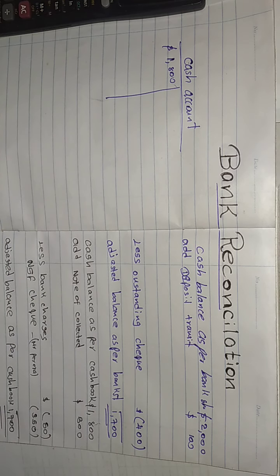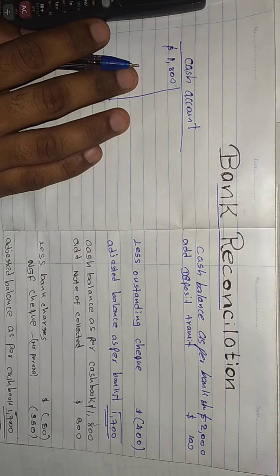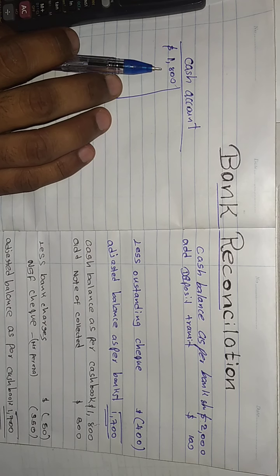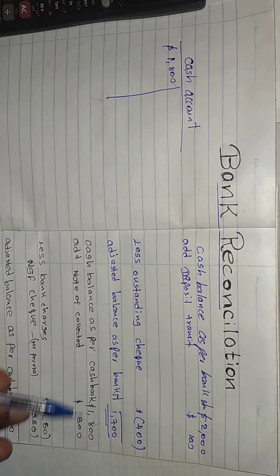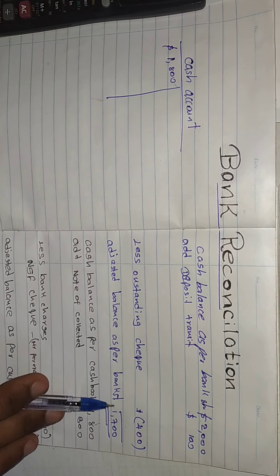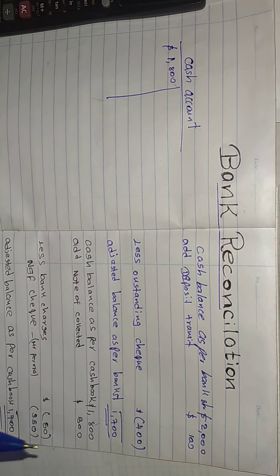We really have $1,700, but right now the cash in our general ledger account is still showing $1,800. This is exactly how much cash we have, exactly $1,700.